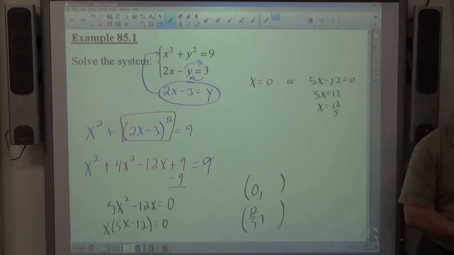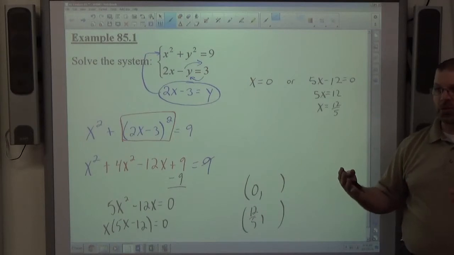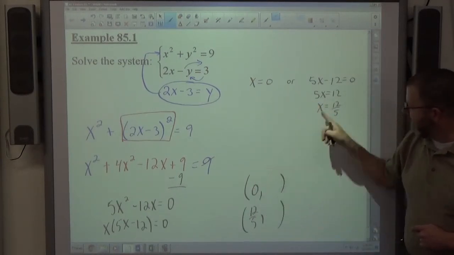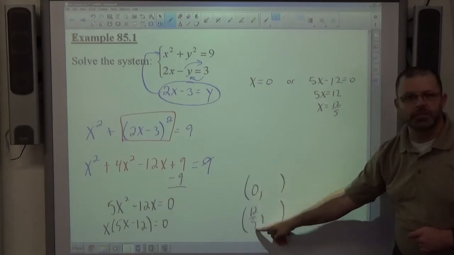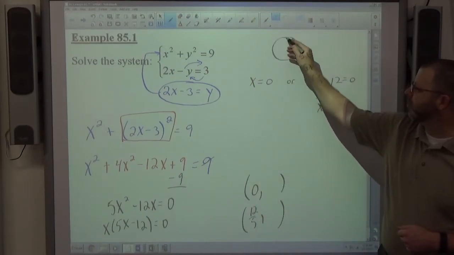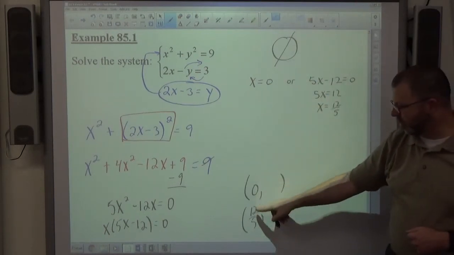We know we're supposed to get an ordered pair for a type of problem like this. We only have the x answer for both of our points of intersection. Because again, the original picture I gave you was a circle with a line through it, right? 1 point of intersection, 2 points of intersection.